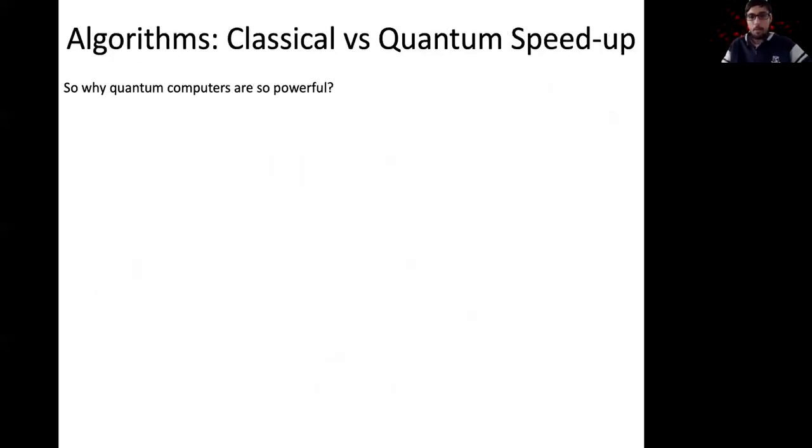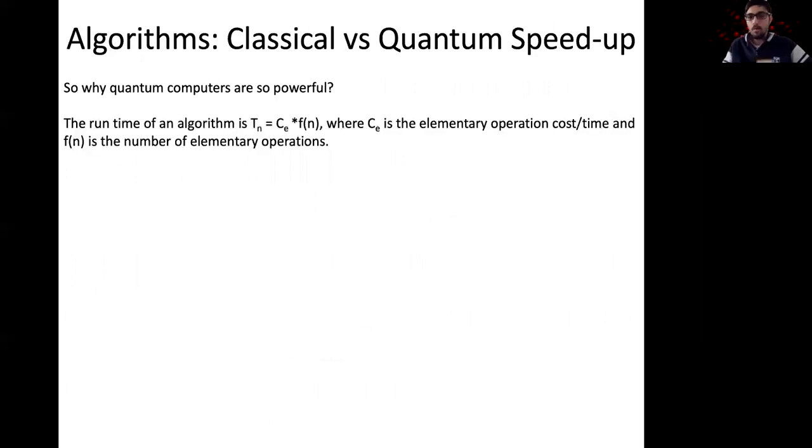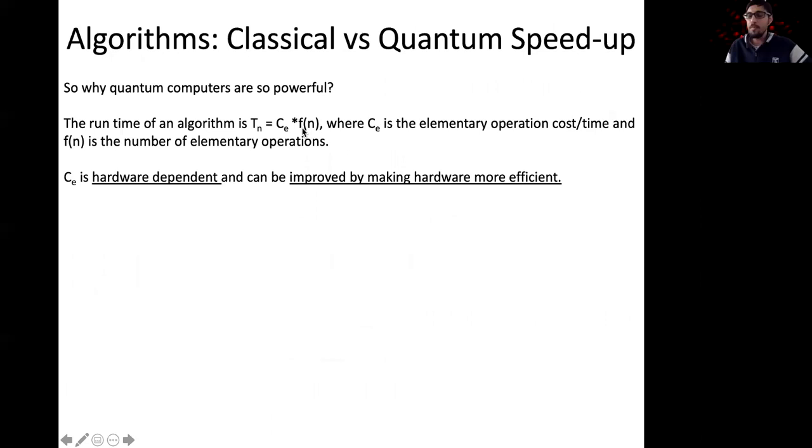But the important point here is why quantum computers are powerful. When you have designed an algorithm and you have a total cost CE times F(n), no matter how efficient you make your classical computer, you are only going to improve the CE part of it. So you can have a very powerful classical computer that will compare the two data elements very fast, but it won't change the F(n) part, because that's the algorithmic part.